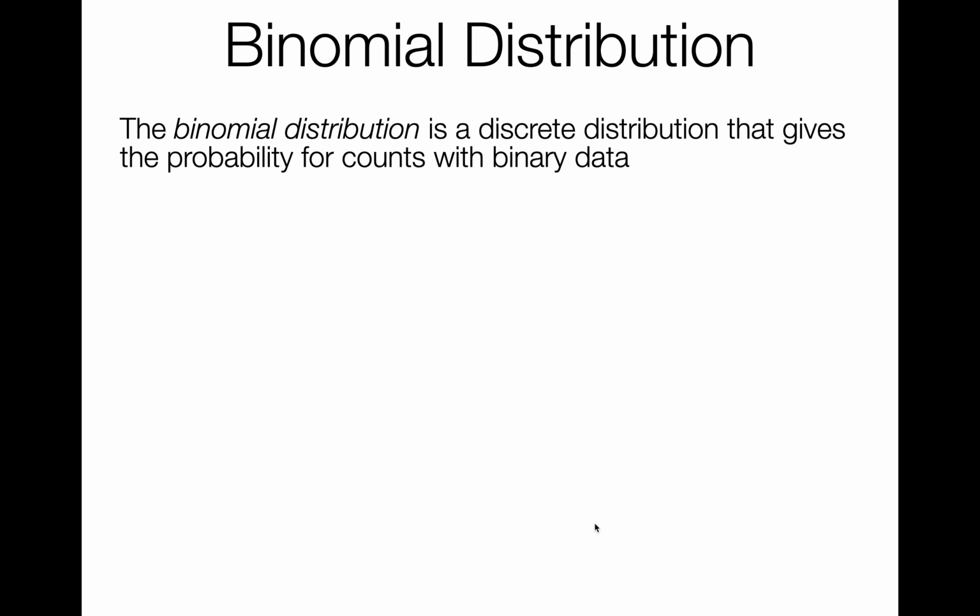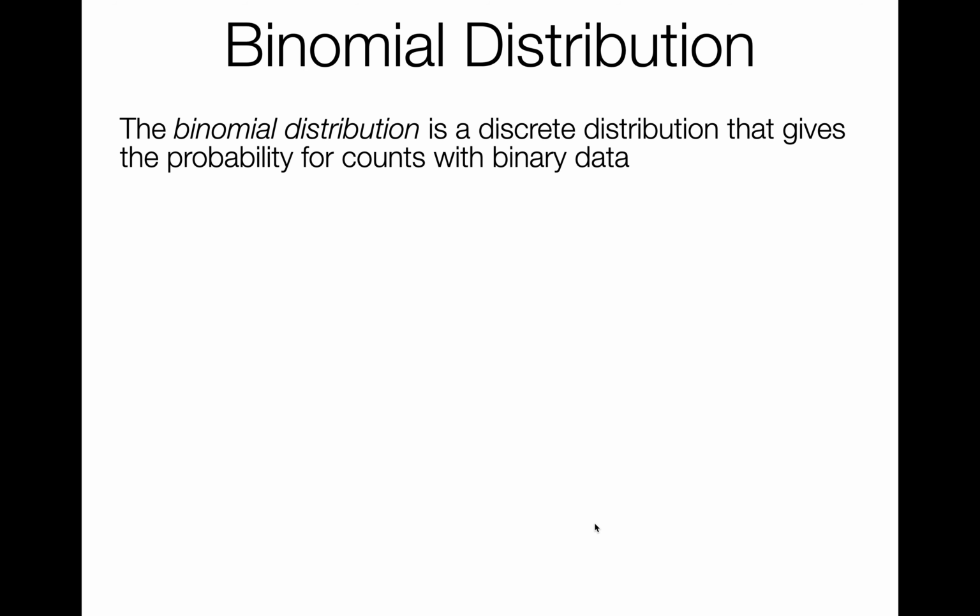Well, it is a number of sequential trials of situations where only two possible outcomes can happen, a 0 or a 1, a yes or a no, a success or a failure. And so a sequence of those trials makes up a binomial distribution, or the binomial distribution is about that sequence of trials.